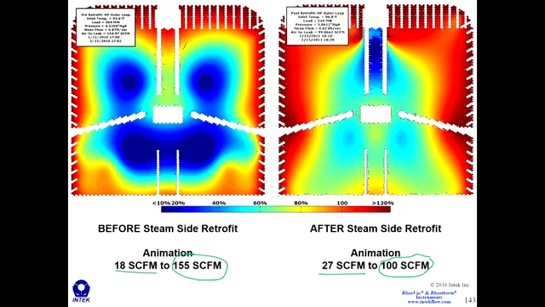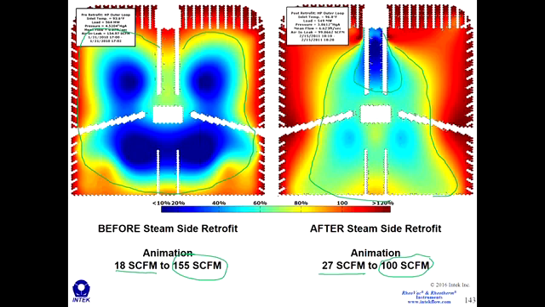So here you can see before the retrofit, now the airbound zone has grown quite large, encompassing probably 90% of the bundle. You do see, using that yellow technique, the heat transfer start to get affected by air in this particular condenser, but you can see the blue area is very well confined to this new air removal section, whereas before it's kind of spread out all over in the condenser.